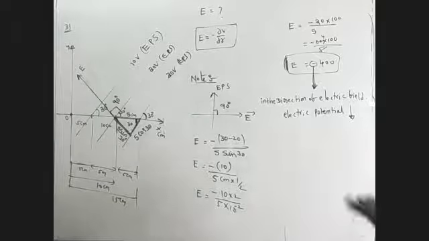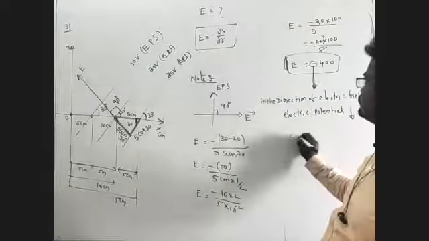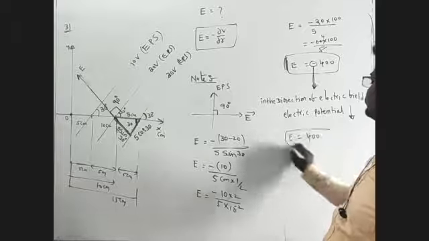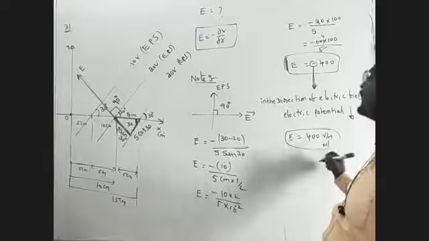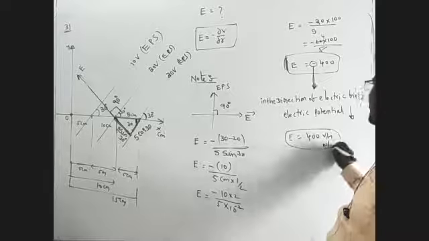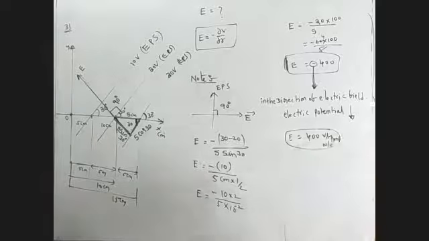So your answer is E is equal to 400 volt per meter. We can also write Newton per Coulomb.